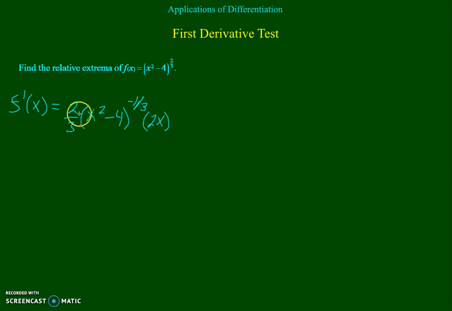And let's do a little simplification here. We have 4x over 3 times x squared minus 4 to the 1/3 power. This is going all the way across. So there's our first derivative.